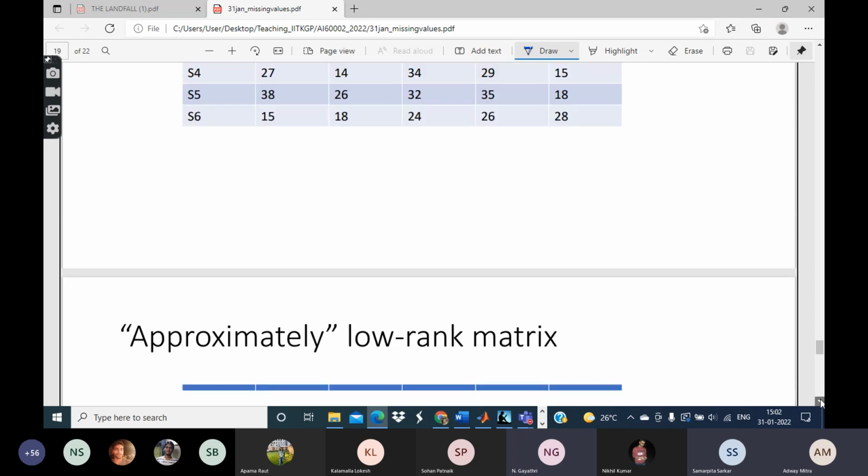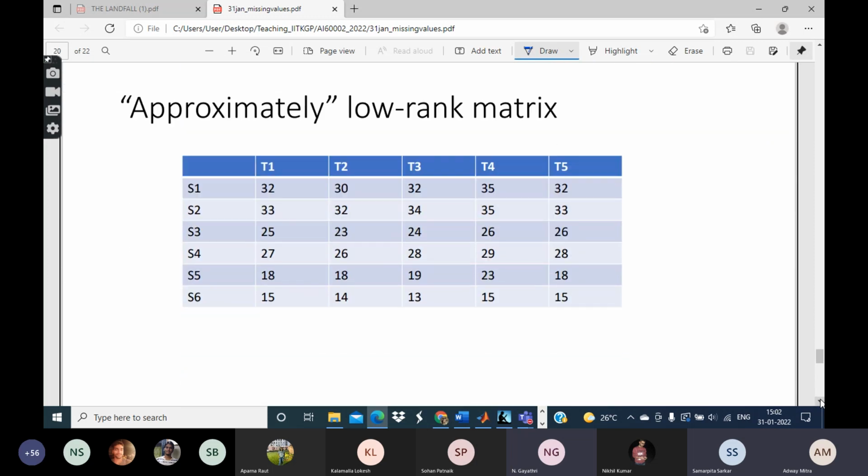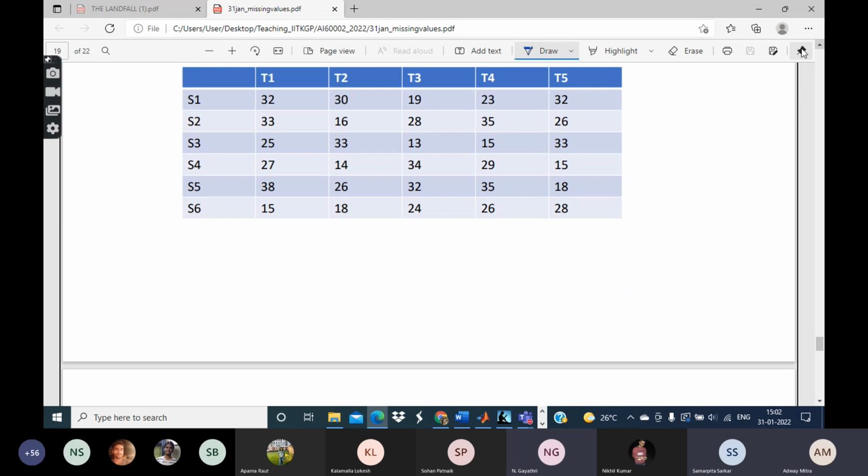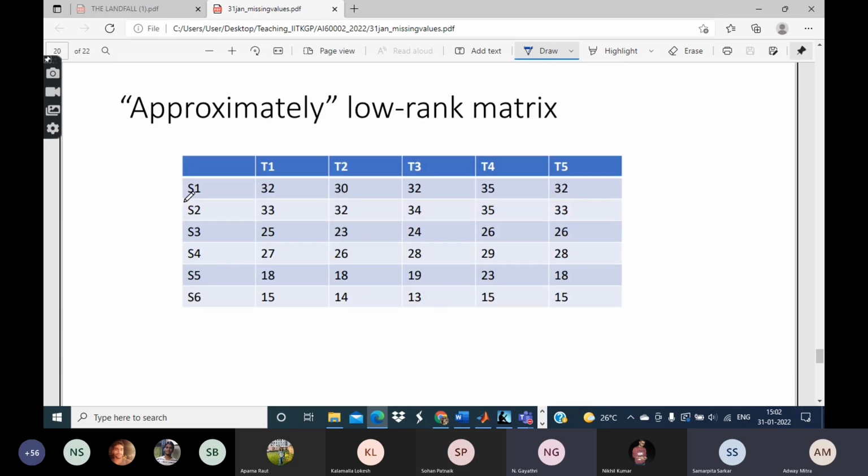Now, why do I think that this is approximately low rank? Because of the spatiotemporal similarity between the different locations. If you consider S1 and S2, we can see that these two rows have roughly the same values. Similarly, S3 and S4 have roughly the same values, and S5 and S6 roughly have the same values.